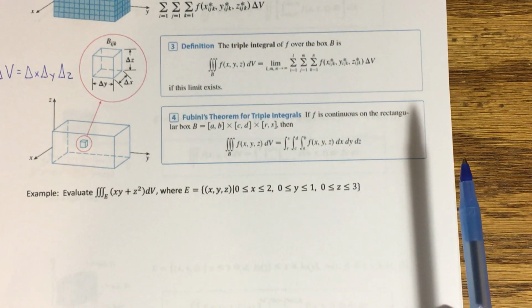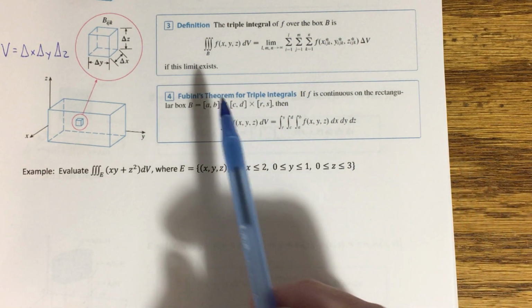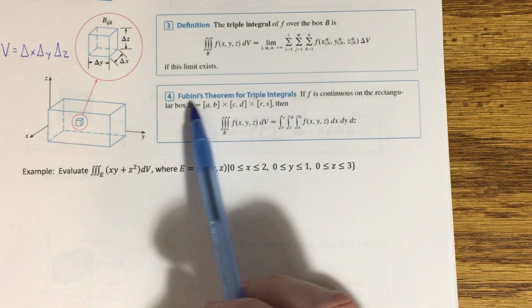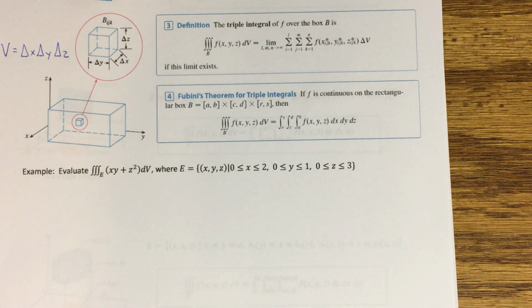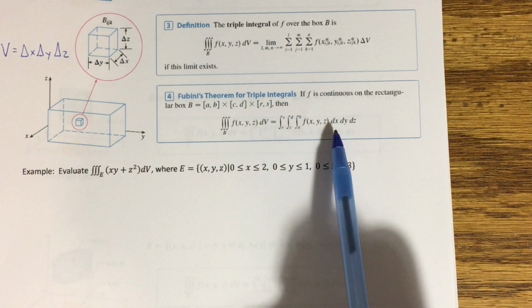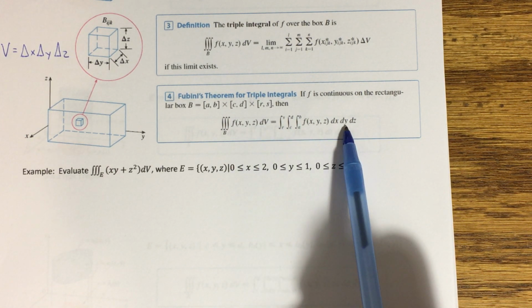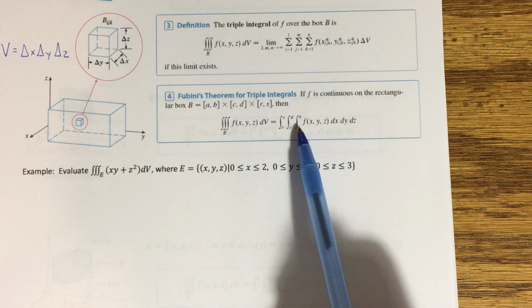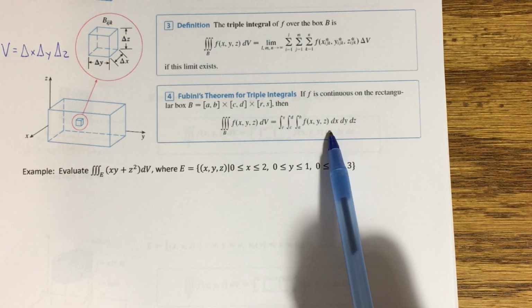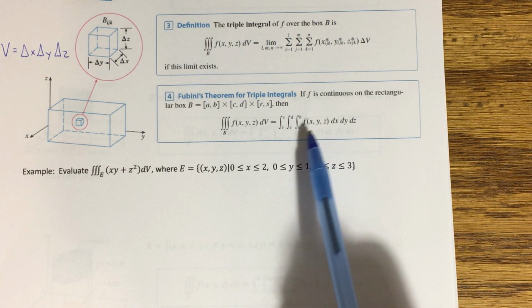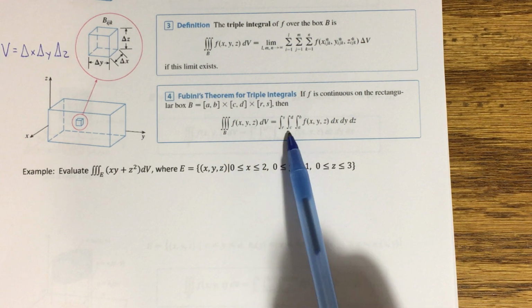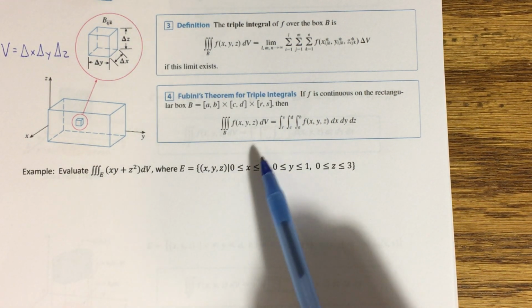Just like with double integrals, there's an extension of Fubini's theorem for that. With Fubini's theorem for double integrals, we get a little too attached to only one part of that theorem, where we say that the theorem means that you can perform an iterated integral with rearrangements of the order of integration as long as this function is continuous on the box B, or on the region D if we're talking about double integrals.